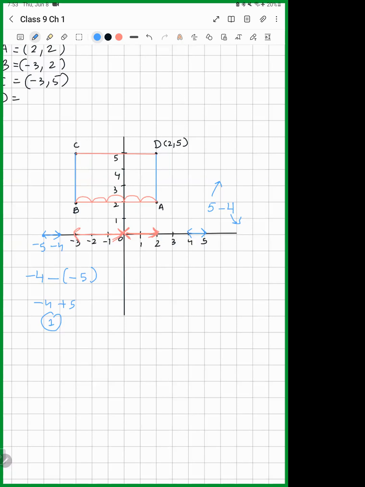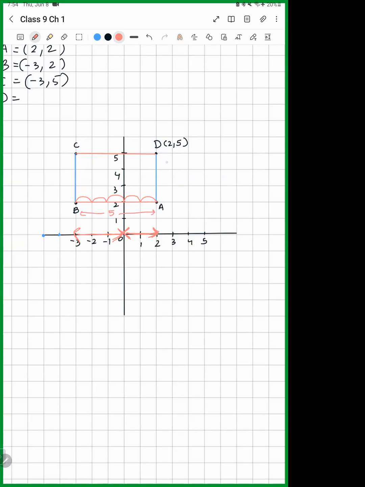We take their absolute value. That means we're not going to consider the negative sign, just the value of the distance between them. Okay, so the length is 5 units.